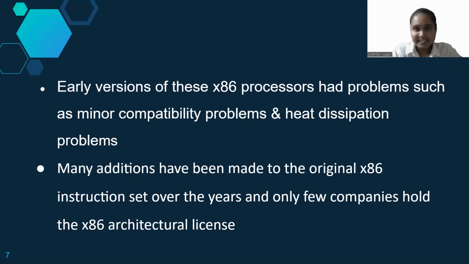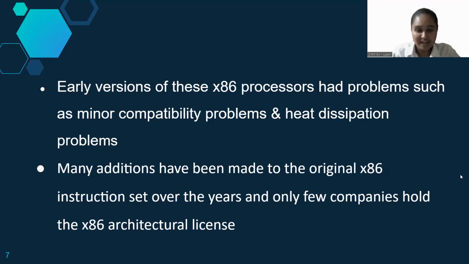So only Intel and AMD actively produce the modern 64-bit designs, which is also known as the duopoly of Intel and AMD in x86 processors. So I hope you got an idea about the history of x86 architecture.